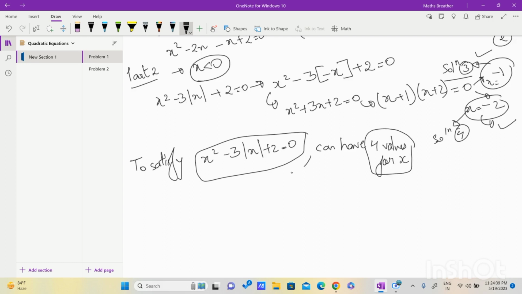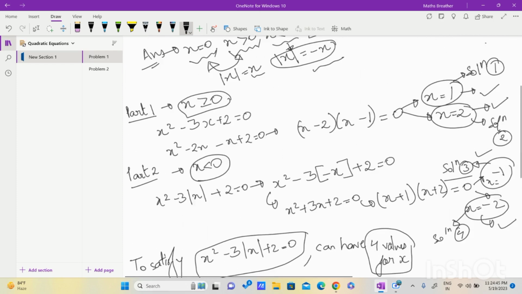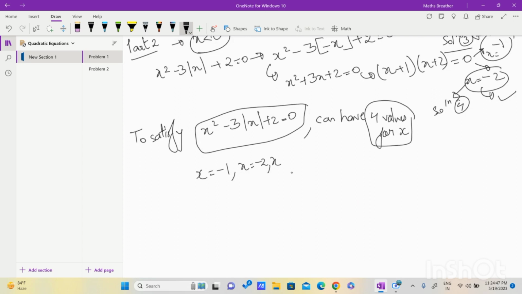What are they? x equals minus 1, x equals minus 2, x equals 1, and x equals 2.